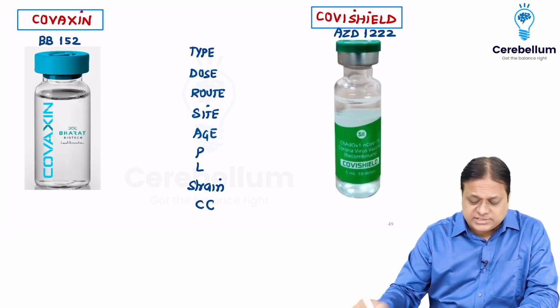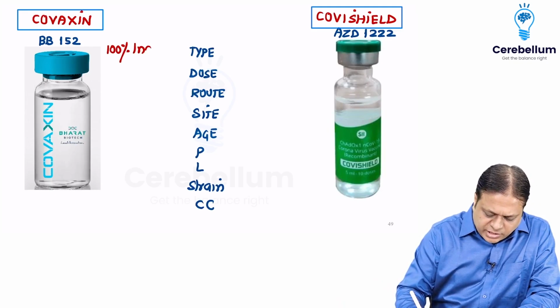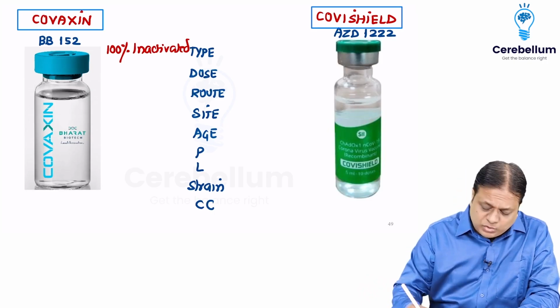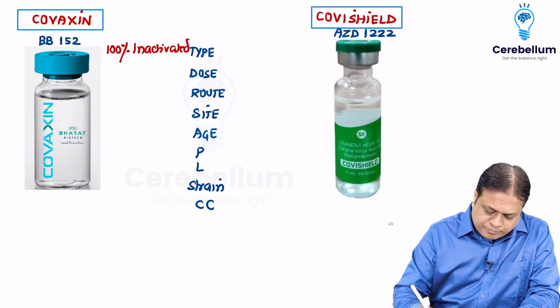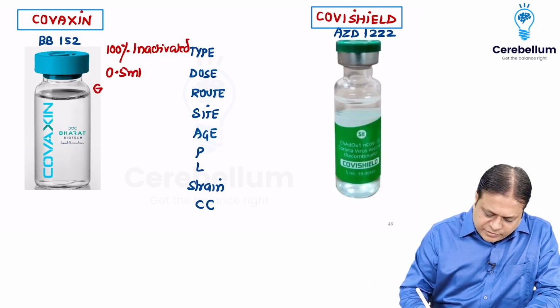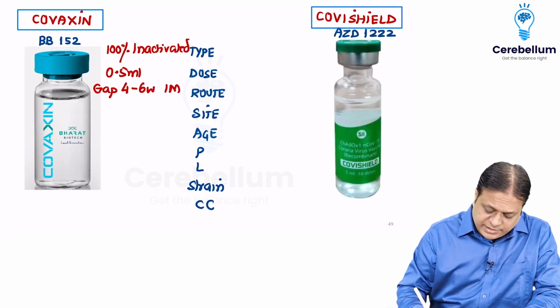When we look at Covaxin, it is a type of whole virion 100% killed vaccine, inactivated vaccine, given in a dose of 0.5 ml. 2 such doses are given with a gap of 4 to 6 weeks, intramuscular deltoid.